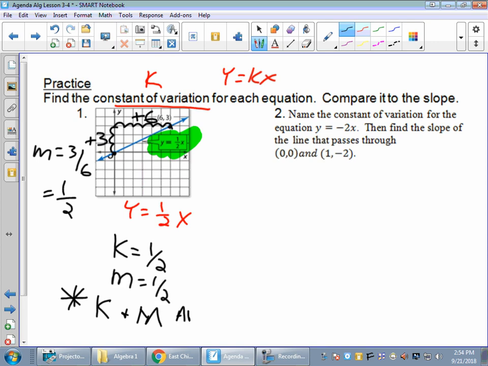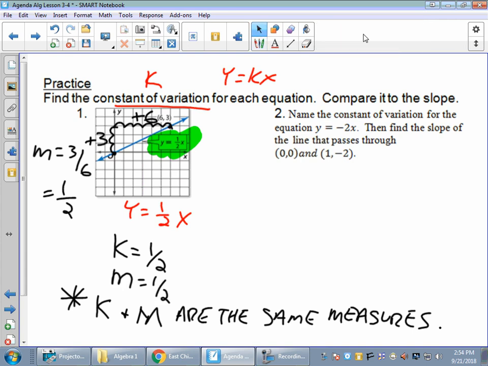Okay, and we put a star by that one, so they're the same. Your k value right in front of the x was 1/2, and when we found the slope by the graph, it was also 1/2.